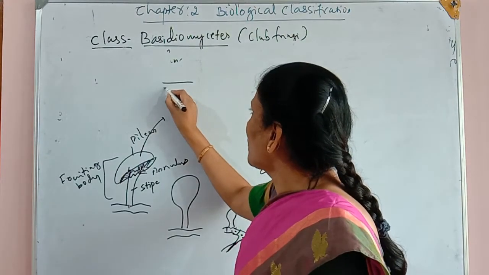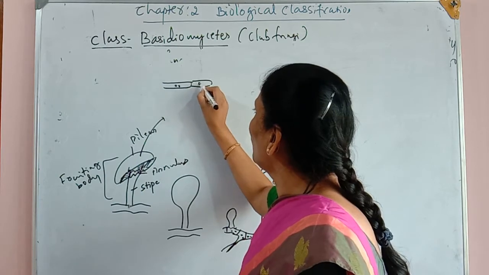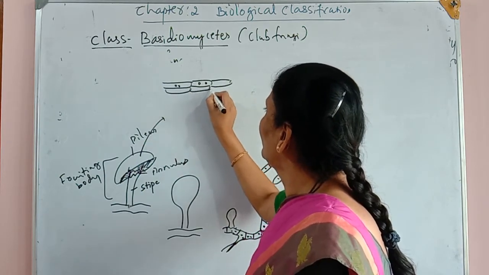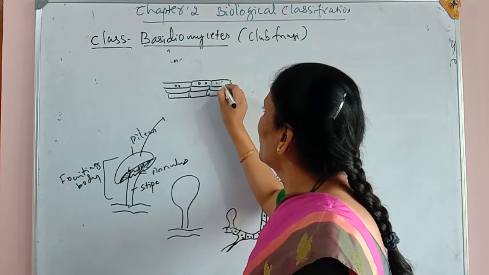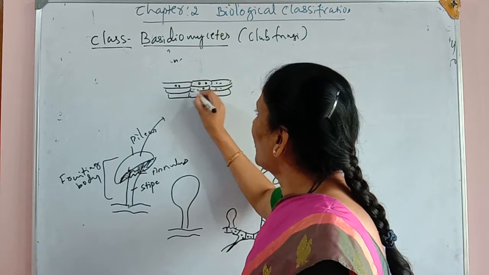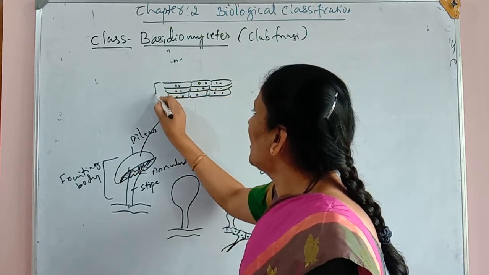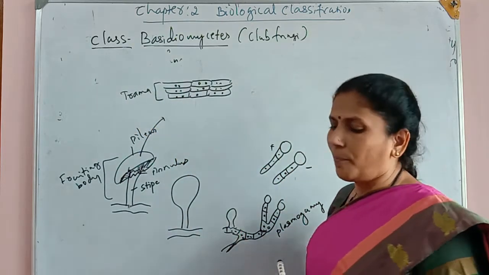Internally there are some sterile hyphae with dikaryotic nuclei at the center. This sterile dikaryotic region is called the trunk.